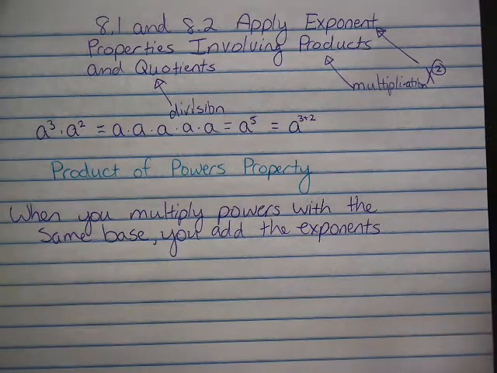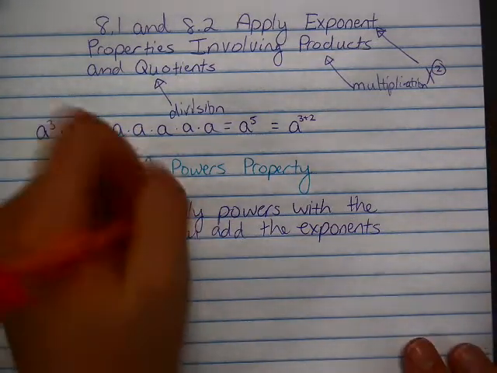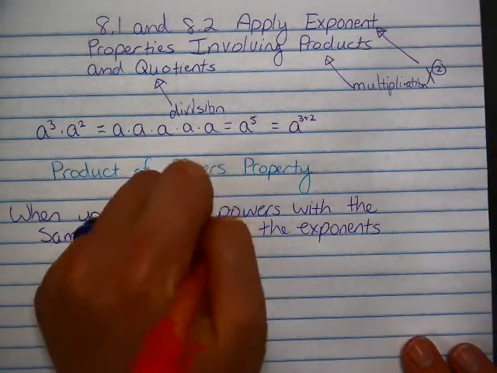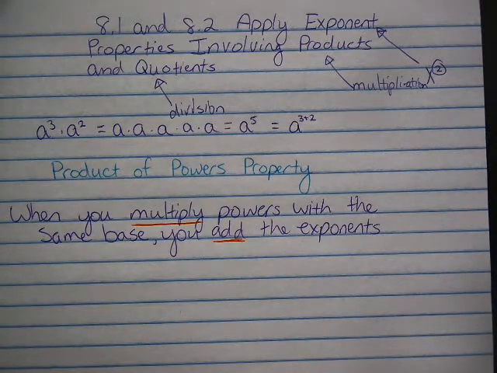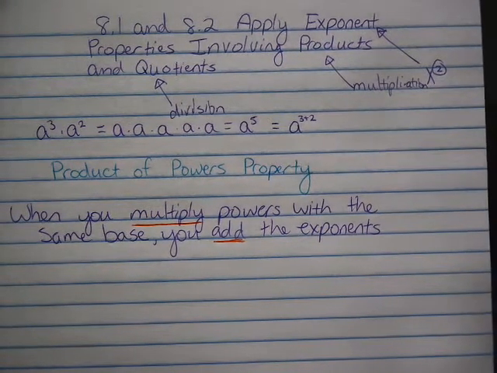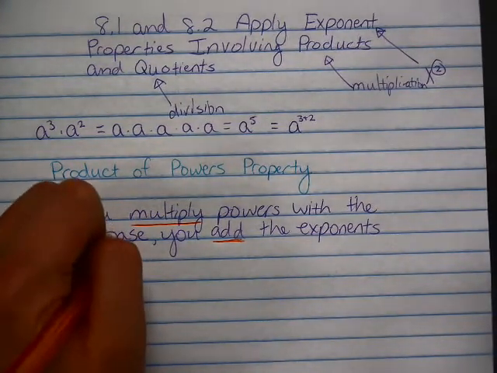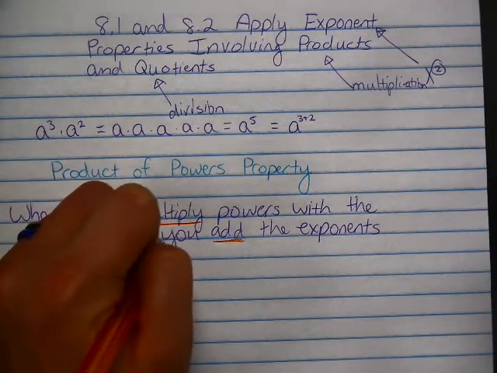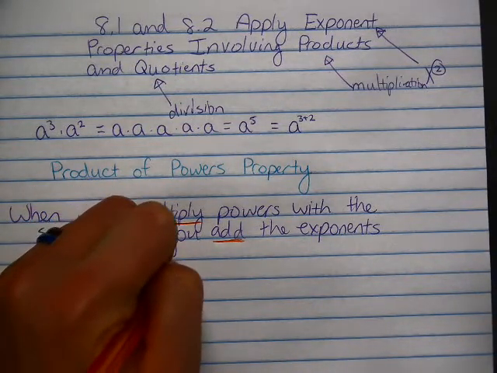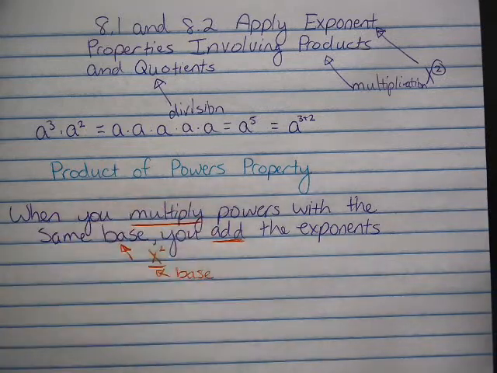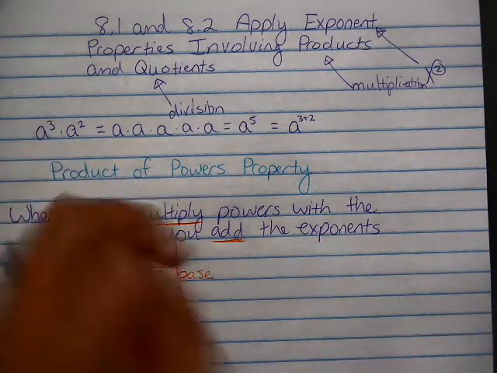So I think the important words here are multiply and add. When you multiply, you add. Another important word is base, same base. A base is like x squared. The x is your base, and the 2 is your exponent.